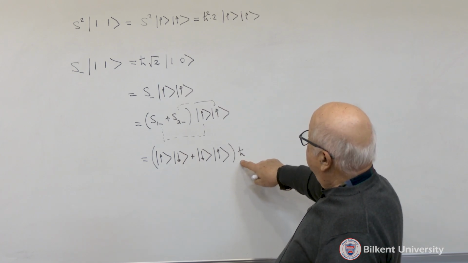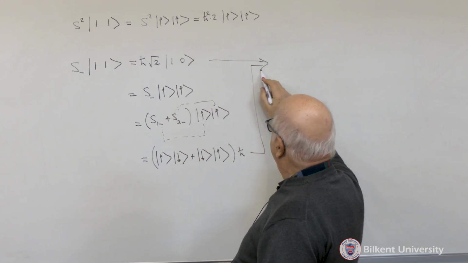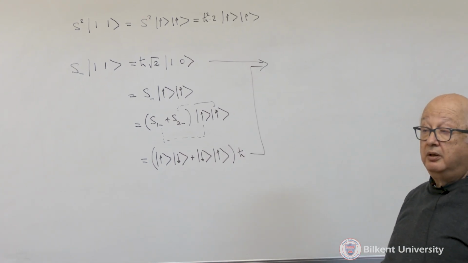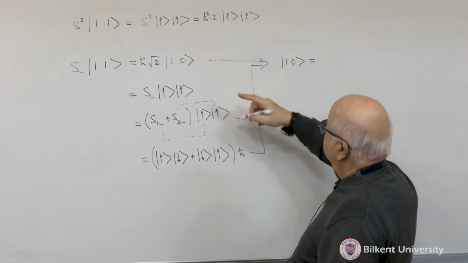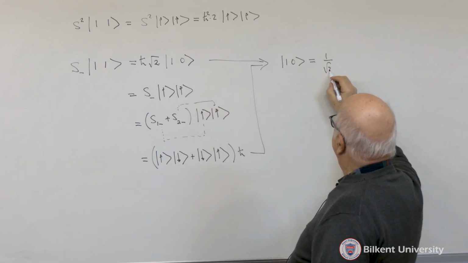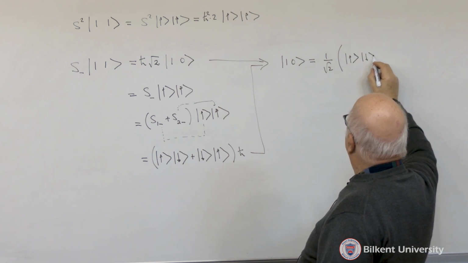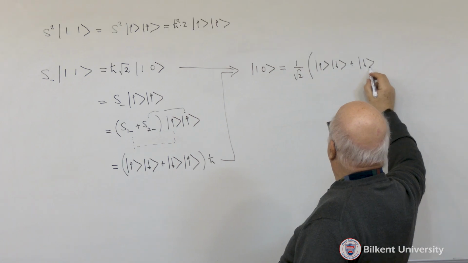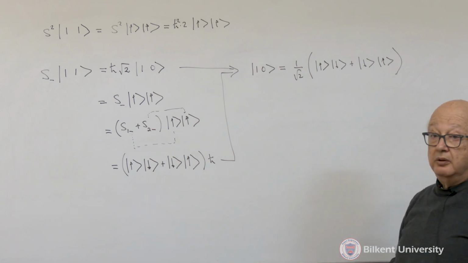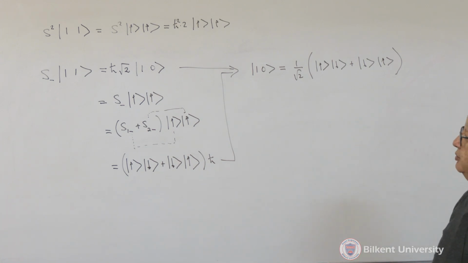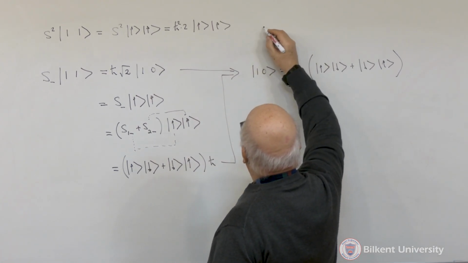So now if I look at this line and that line, what do I get? I get 1, 0 is equal to 1 over square root of 2 times up, down, plus down, up. So that's another one. Maybe I'll just write these things down and put them in boxes.